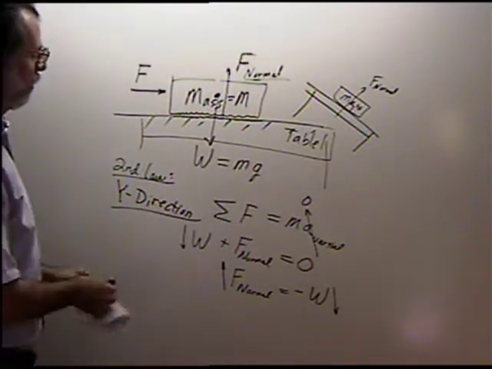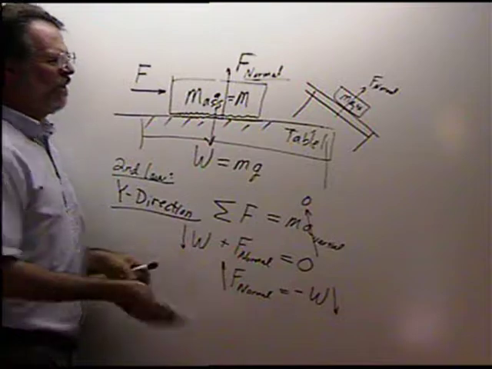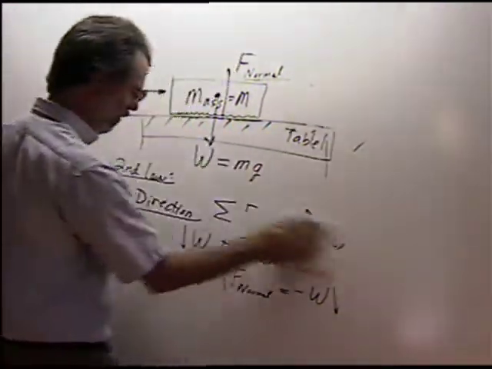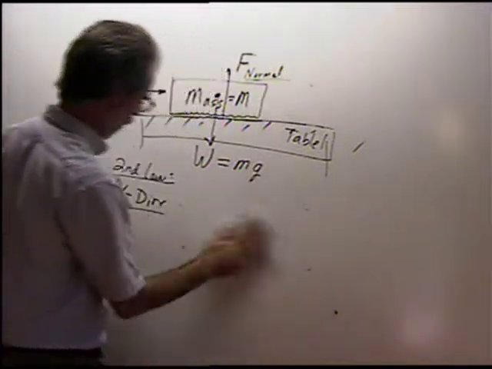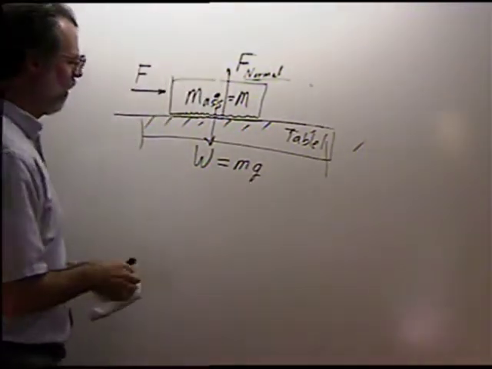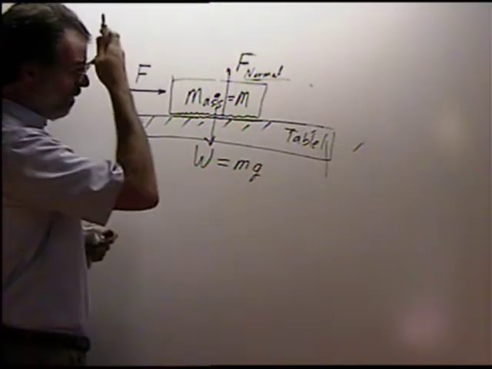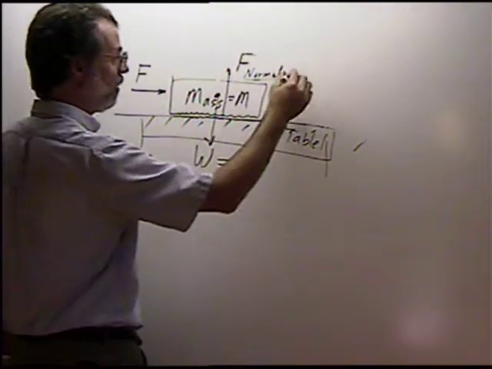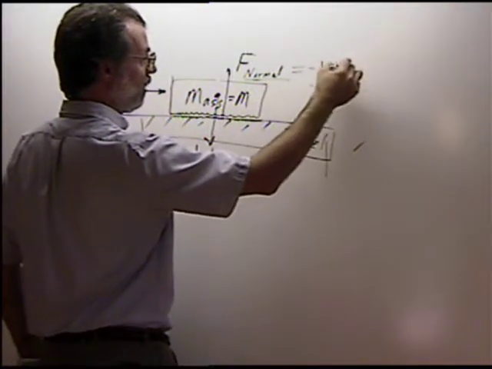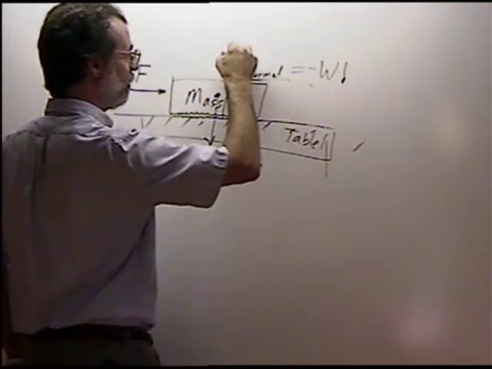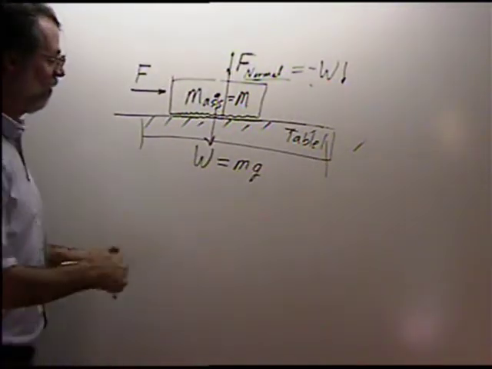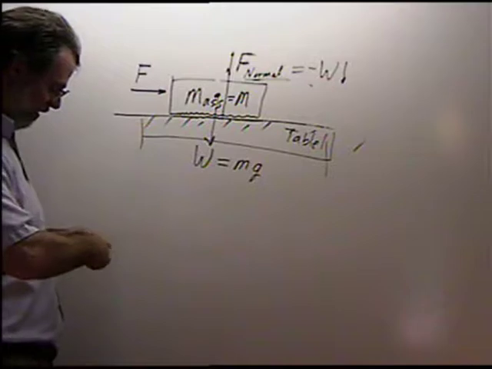So we still haven't gotten to friction. But what we do know is that in this particular case, the normal force is equal to the weight. The weight acts down, the normal force acts up. Well, this has a lot to do with friction.